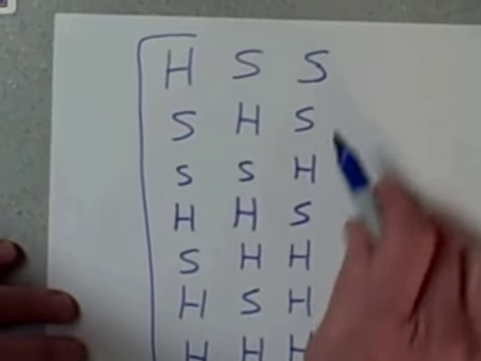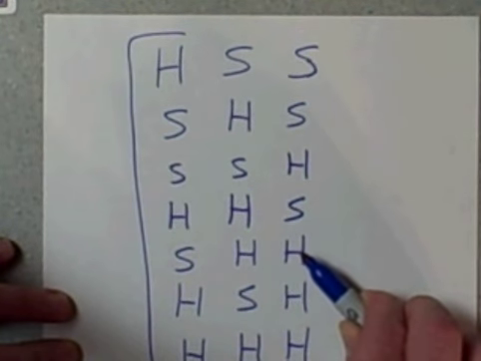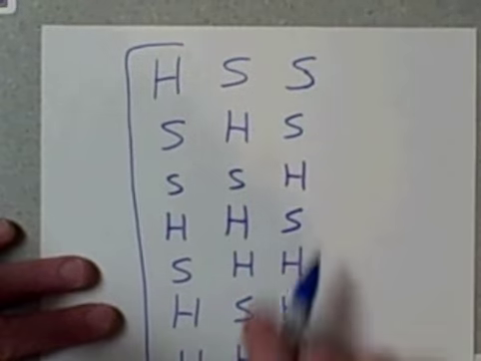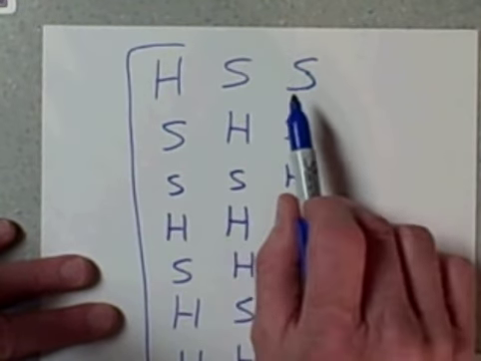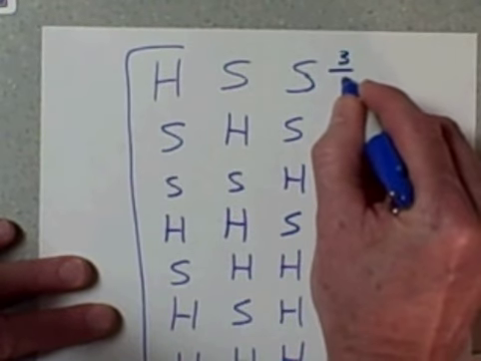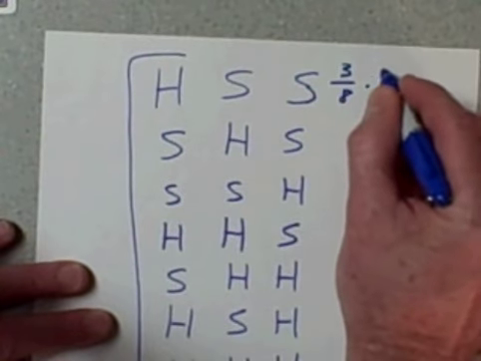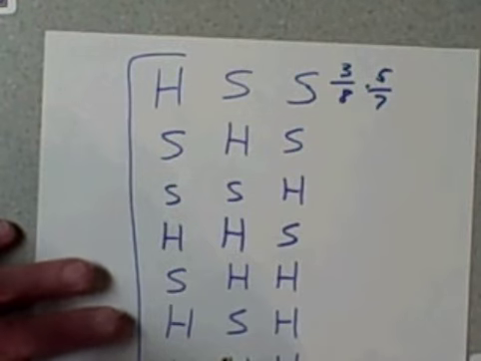What we have to do is find the probability of each one of these outcomes. So here we go. The probability of getting a heart followed by a spade followed by a spade. Notice this is done without replacement, so we have to take that into account. The probability of getting a heart: there were 3 hearts out of 8 cards. The probability of getting a spade: there are 5 spades out of 7 cards.